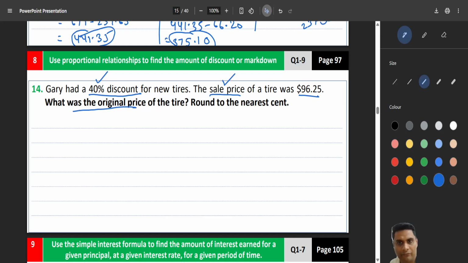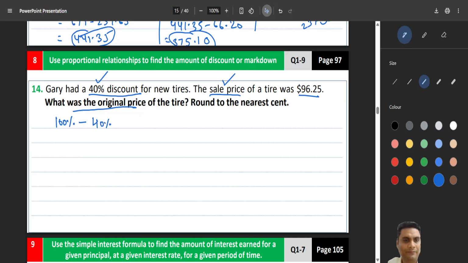Now wait for a moment and let us try to think. The original price of the tire without cutting any discount should be 100%, a full 100% without cutting anything, right? From this 100% we removed the 40% discount.